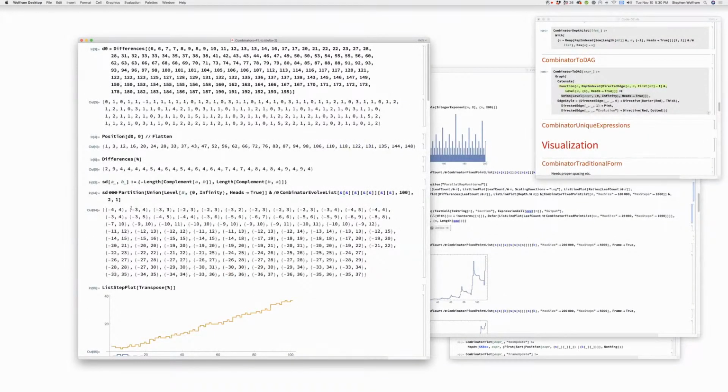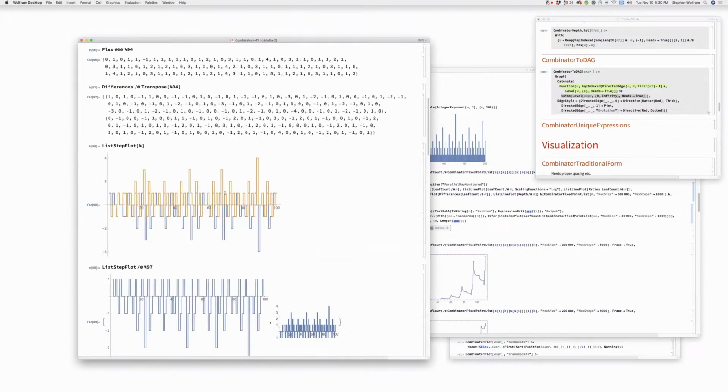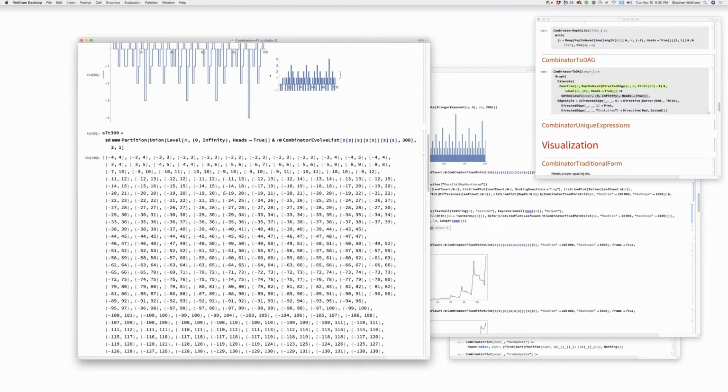So up here, you say it takes 150 steps before it starts to be regular, but for each of these, we're partitioning.